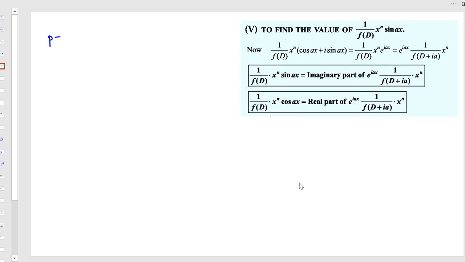So PI is 1 by f of D, x into sin x. Here n equals 1, and a is also 1, if you compare with x to the power n sin ax.